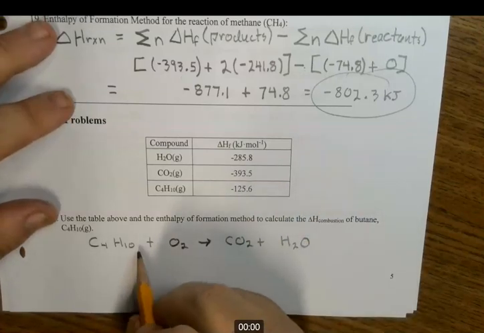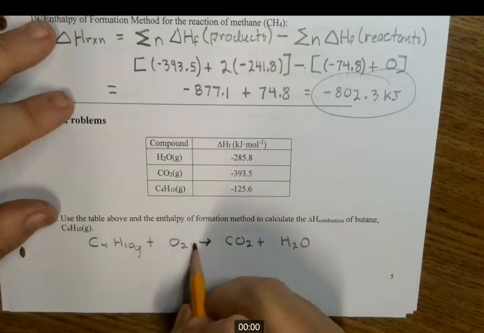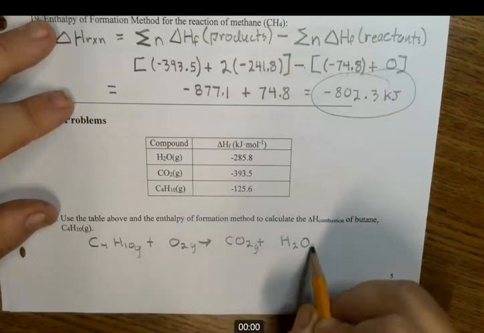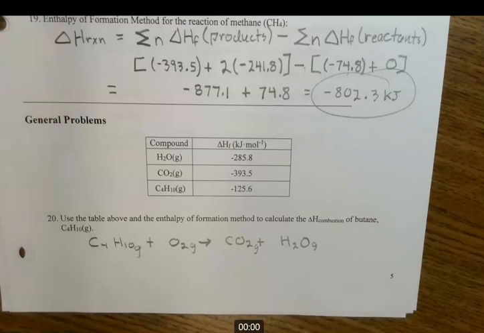Okay, and these are all going to be gases. We'll assume the H2O is going to be a gas as well. Well, it says gas up here, so we're going to go with that.